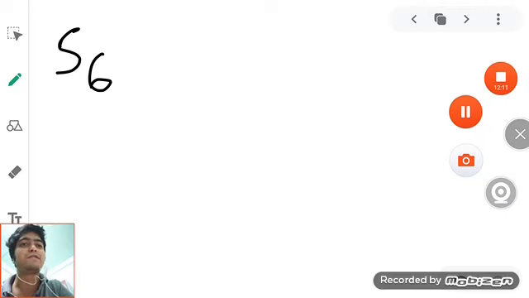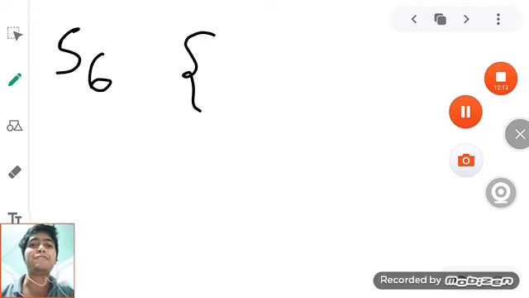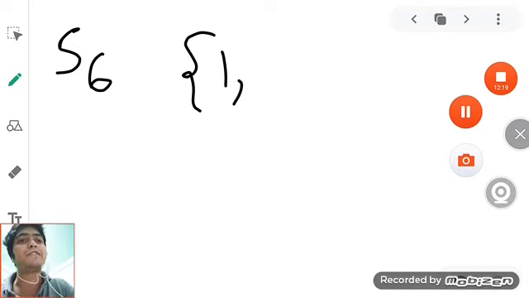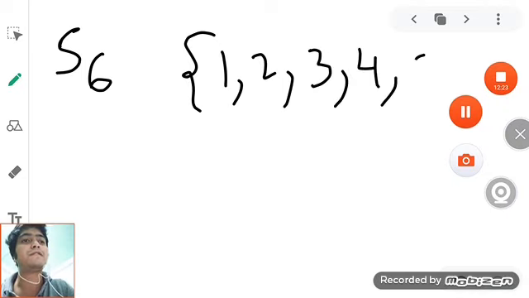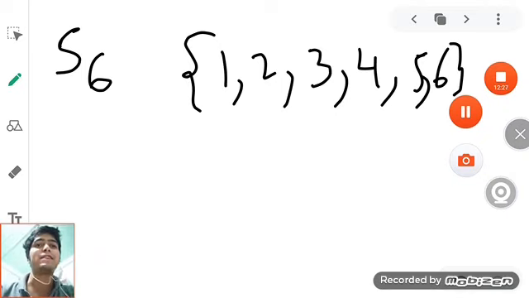We can use A, B, C, D, E, F, but I think it will be better if we use the numbers 1, 2, 3, 4, 5, 6. There are 6 numbers. So if you are having S6, there will be 6 numbers, and similarly if it is S7, there will be 7 numbers, and so on.